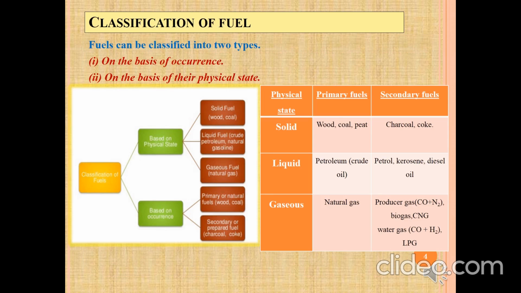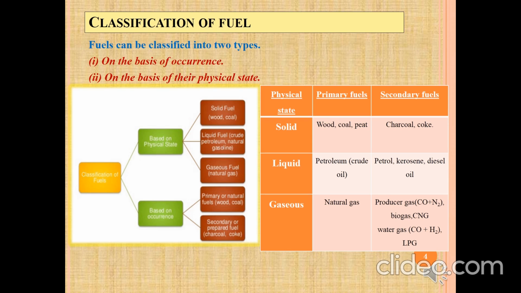Let me discuss classification of fuel in detail. Fuels can be classified into two types. First, on the basis of their occurrence. Second, on the basis of their physical state. As already discussed, we can classify the fuel on the basis of their occurrence as primary fuel and secondary fuel.